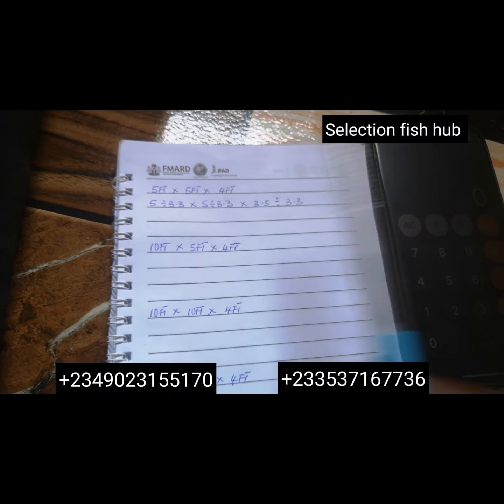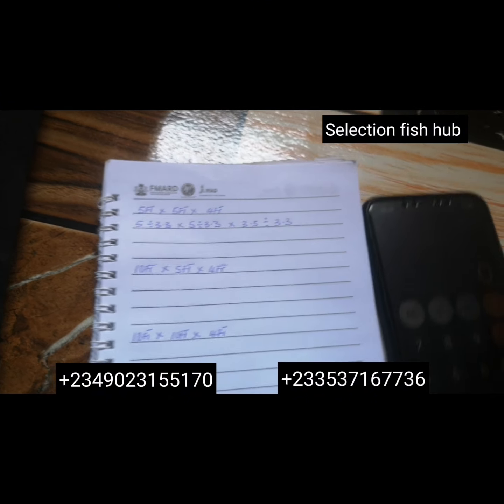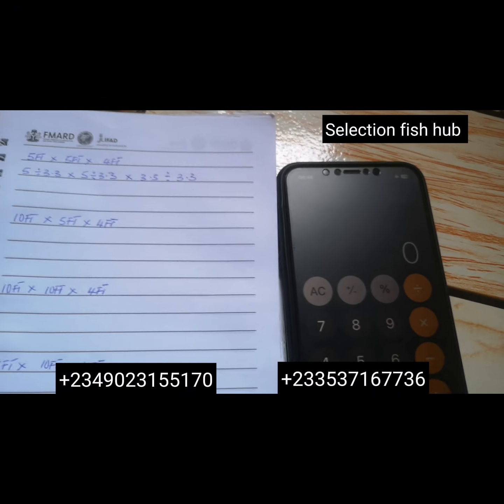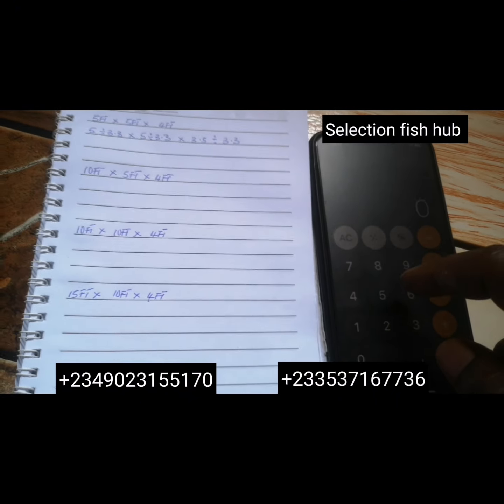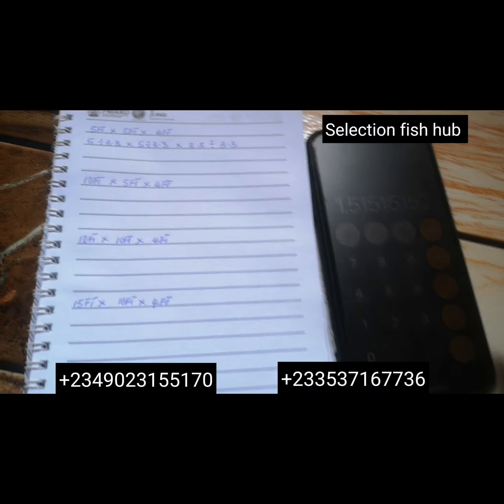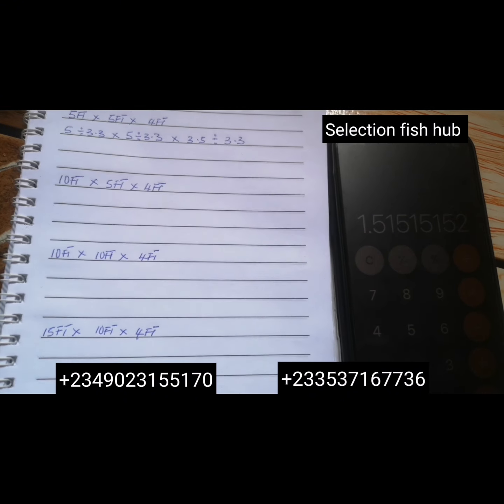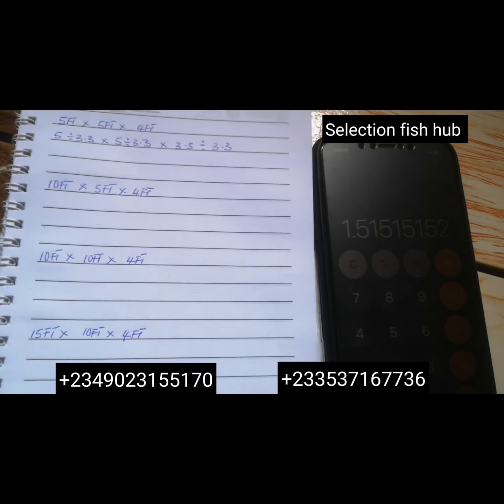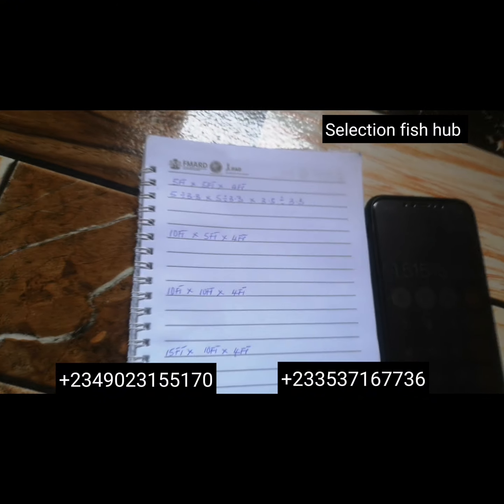So when we make our division, 5 divided by 3.3 equals, we are having a figure of 1.5 meters.